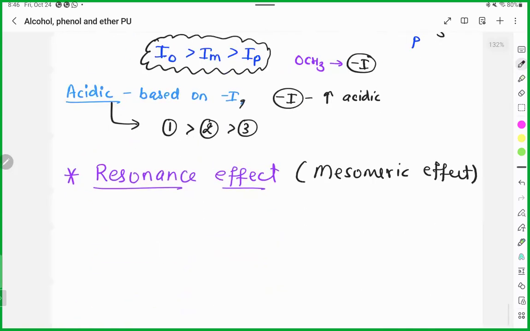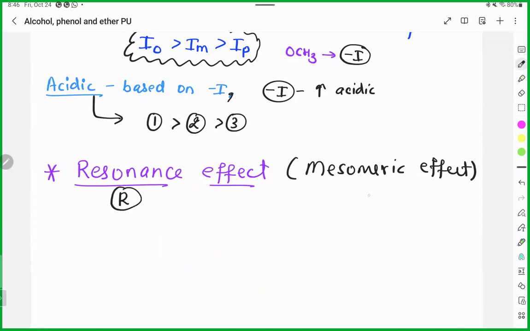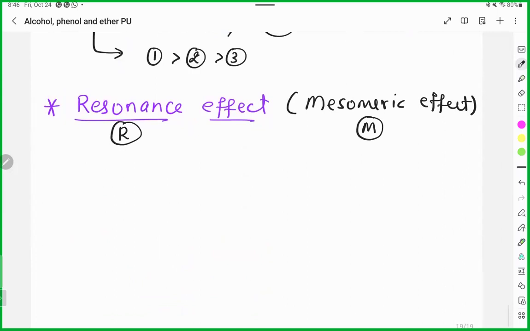So you can say this is R effect or this is M effect, same meaning. Resonance occurs when there is an alternate single bond and double bond, something like that, but not always. Right, Samarth?